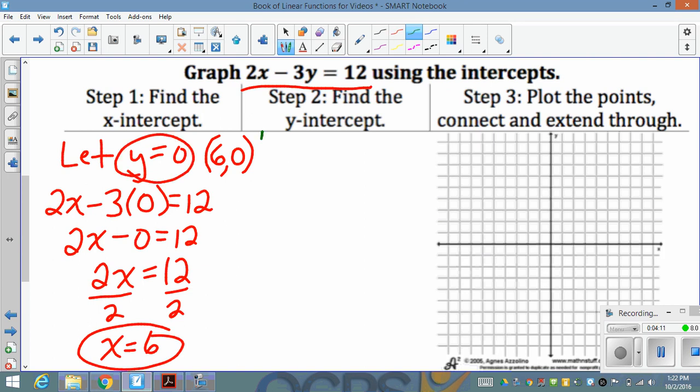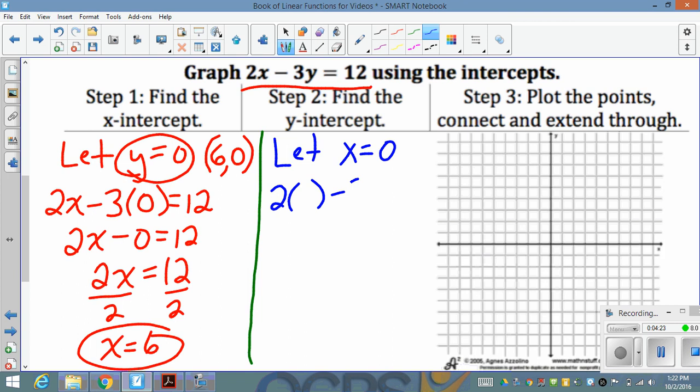Now I'm going to find my y-intercept. To find my y-intercept, I let x equal 0. So I'm going to do 2 times x minus 3y equals 12. I'm going to take out the x, I'm going to put in 0.